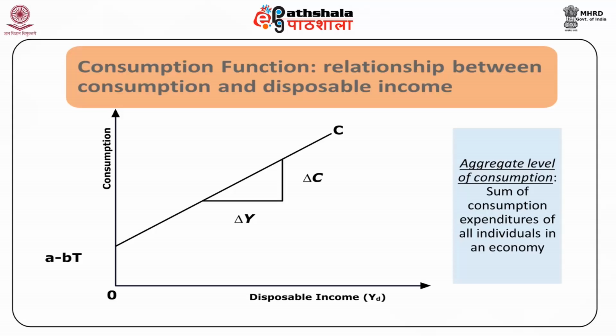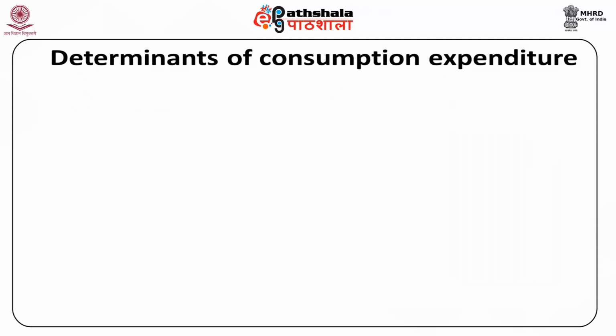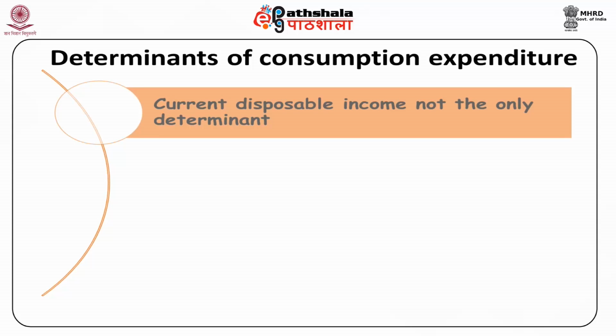The aggregate level of consumption is the sum of consumption expenditures of all individuals in an economy. For the macroeconomic analysis, we look at aggregate consumption levels. It is also important for us to understand that current disposable income is not the only determinant of consumption expenditure.